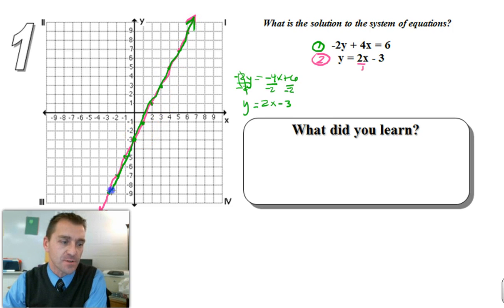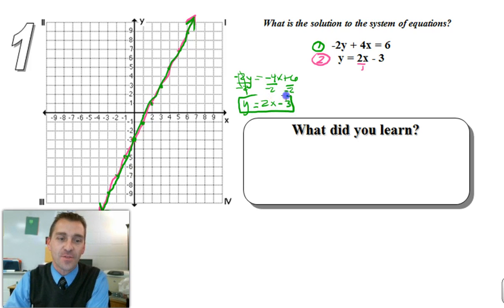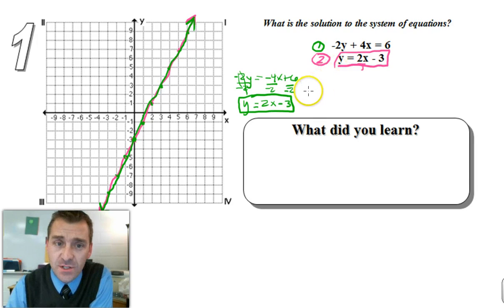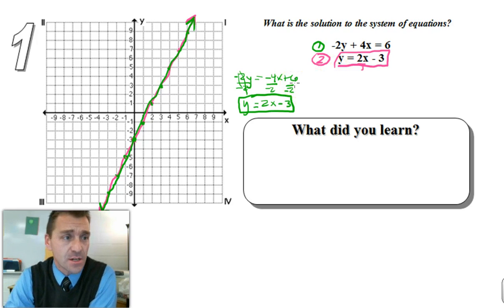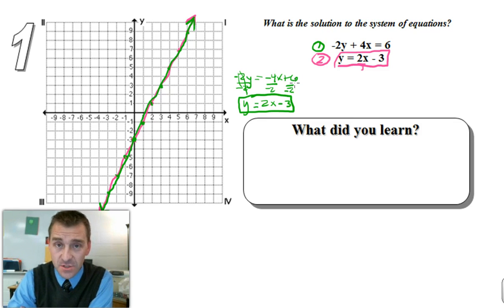Now, if you really look at this over here, you would have seen that, because I tried to do it quickly so you didn't see it. But if you look at this equation compared to this equation, you can see, guys, they're exactly the same thing. So what's my solution? It's still the same as we talked about in class. We're looking for the point or points of intersection of these two lines.